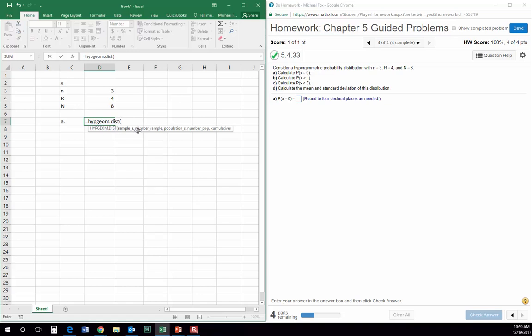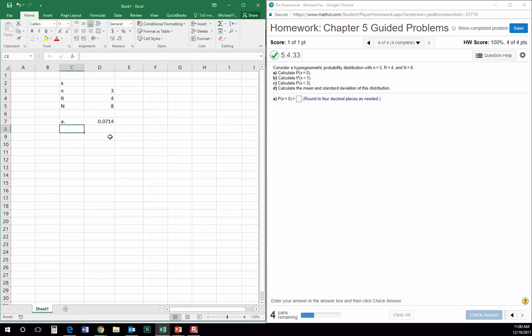If you read this, it says sample successes, comma, the number in the sample, comma, population successes, comma, number in the population, comma, cumulative. So I'm going to do x, that's my sample successes, my number in the sample, which is 3, my population successes, my number in the population, and then the cumulative. Again, because this one is x equals 0, we're going to say it's false. We want just the probability that x equals 0.